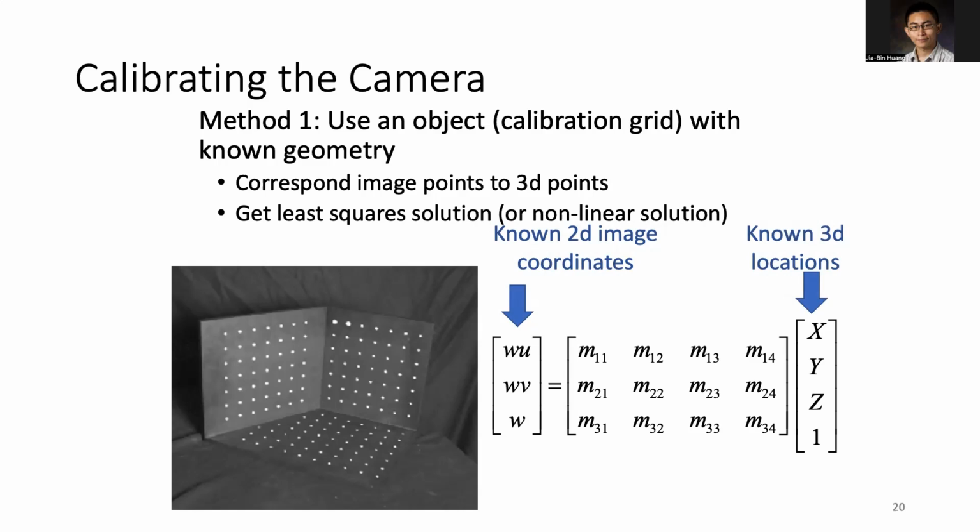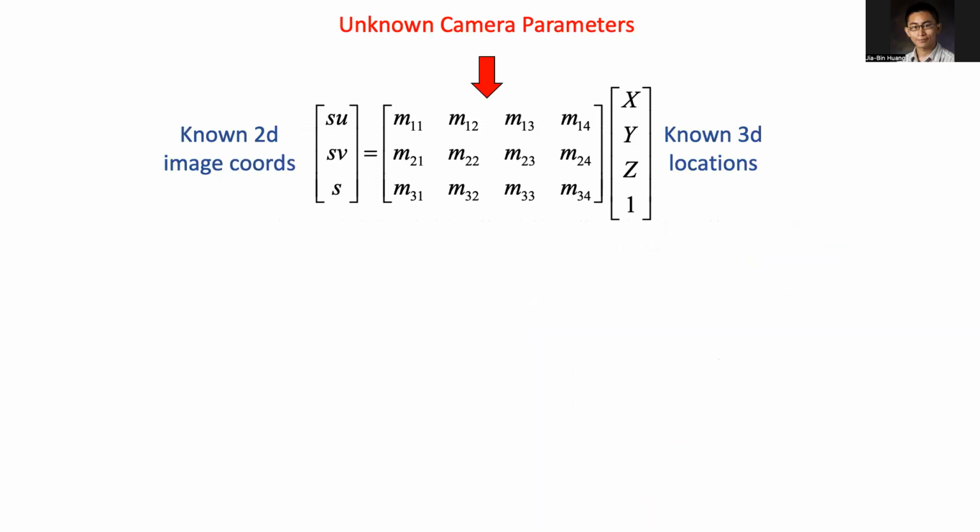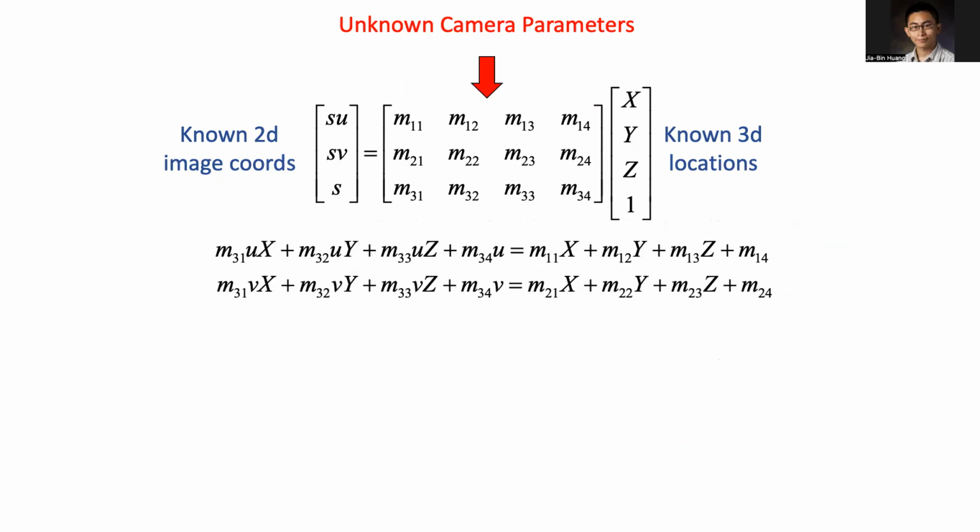These are unknown variables, and this method is called direct linear transformation. What we do is first write it out as a linear system of equations, a bunch of equations like this.